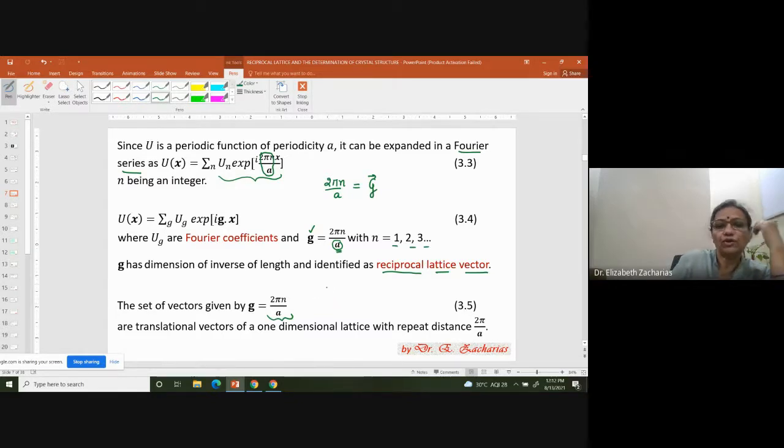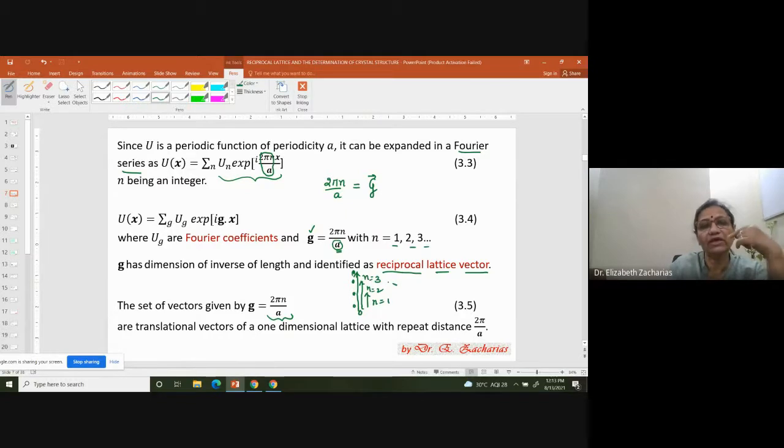Or you can see that my G's are going to be simply, if this is my origin, this corresponds to n equal to 1. I get a point here. This is my G vector corresponding to n equal to 1. This is my vector corresponding to n equal to 2. This is my vector corresponding to n equal to 3.